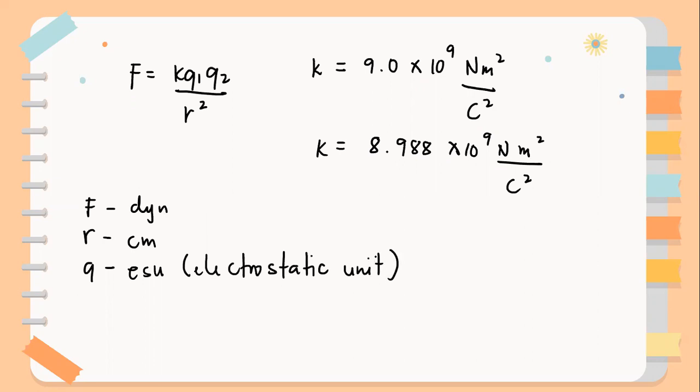Then the conversion to Coulomb: 1 Coulomb is equal to 3 times 10 to the 9 ESU.